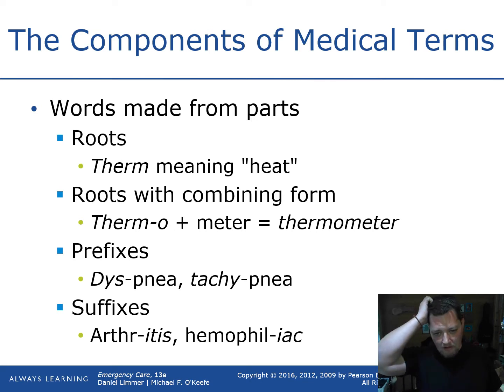Okay, so again, do not get overwhelmed. As long as you can understand the components and the different things that go into making the medical terms, then you're good. You can figure out the language.